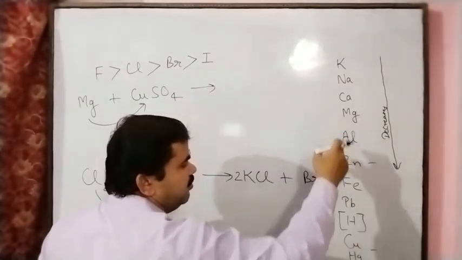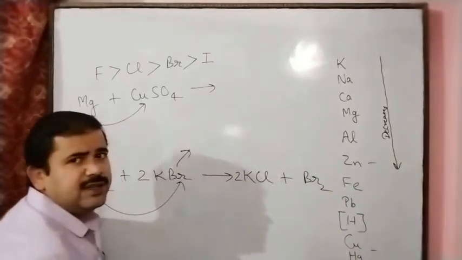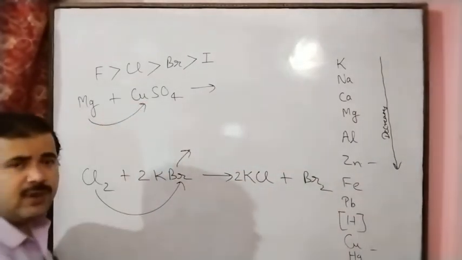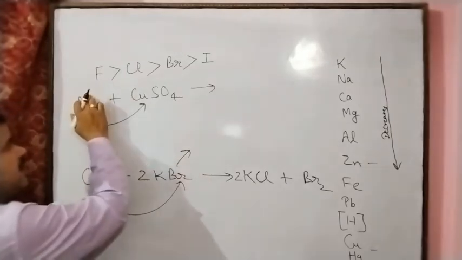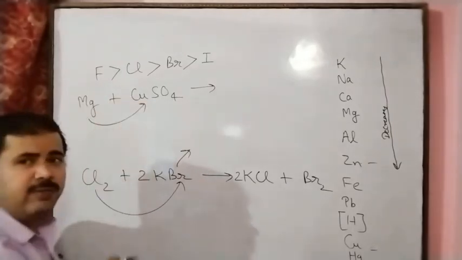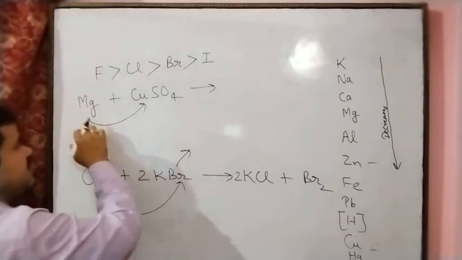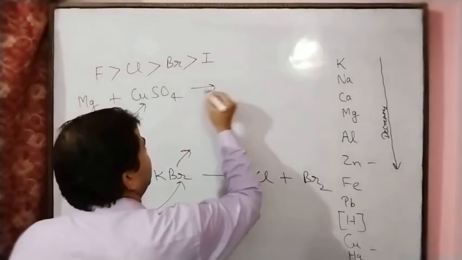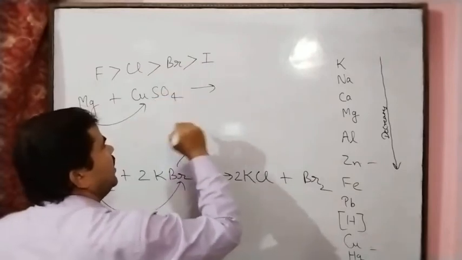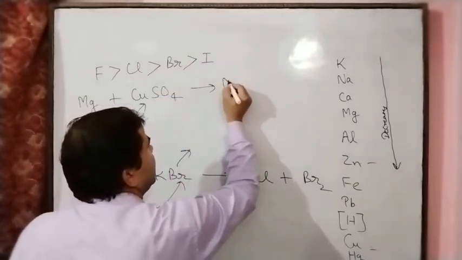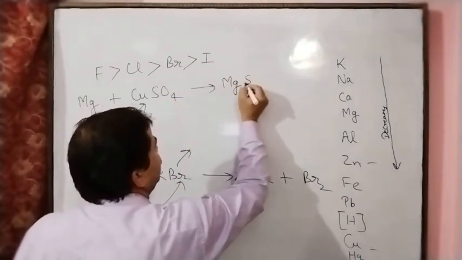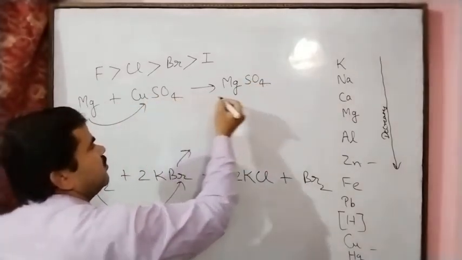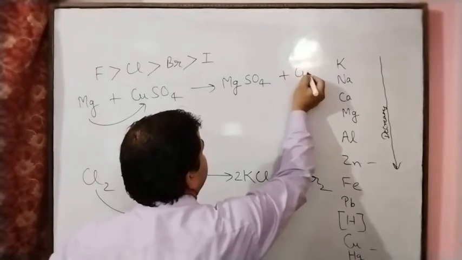So magnesium is the superior metal and copper the inferior metal. Magnesium displaces copper from copper sulfate and occupies its place, so we get the compound MgSO4 plus Cu.